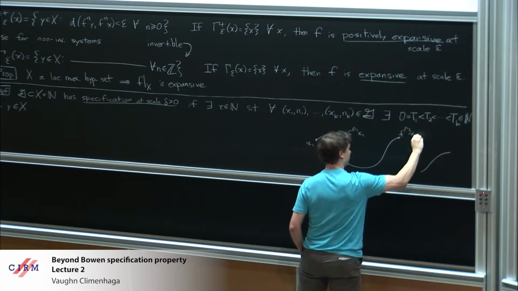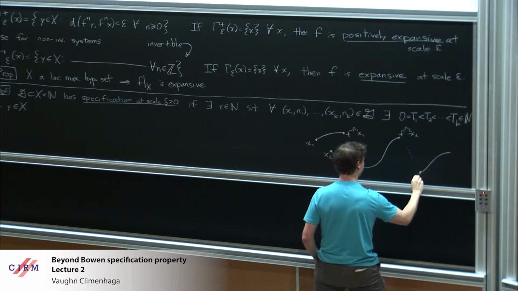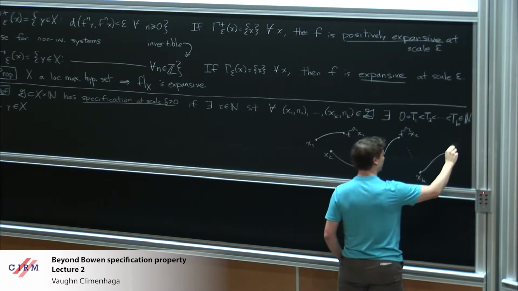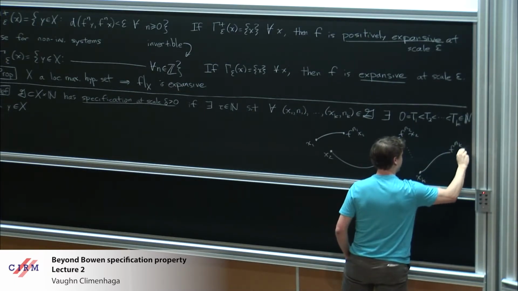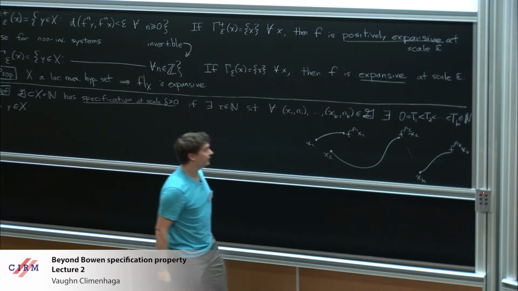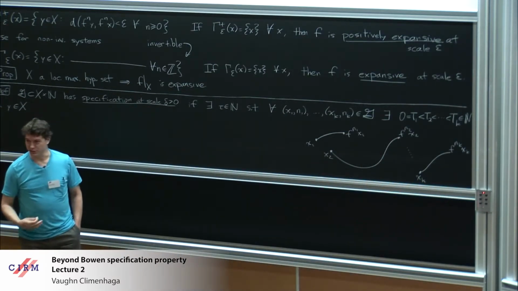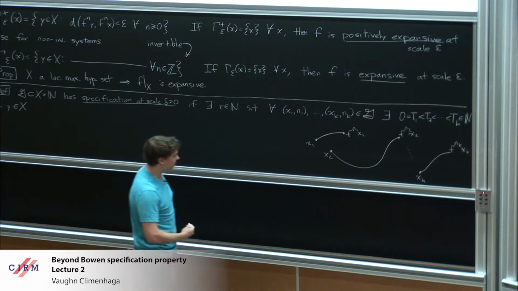You will notice here that I'm drawing a picture that looks as though it belongs in continuous time. They're just easier to draw pictures like this that way, and there is a corresponding continuous time definition.